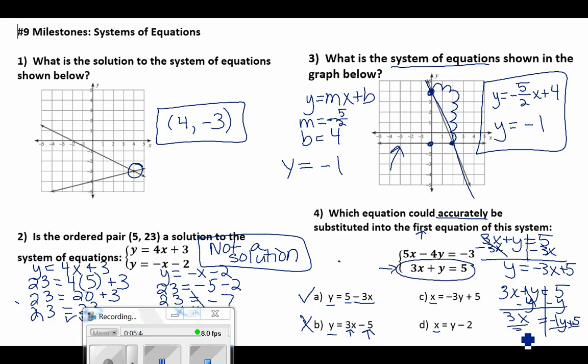Divide by 3. And I'm going to come up here to write my equation. X equals negative 1 over 3y plus 5 thirds. Now let's look at our answer choices. On either one of those, that looks like what we have. Those are eliminated. Our answer would have to be A.